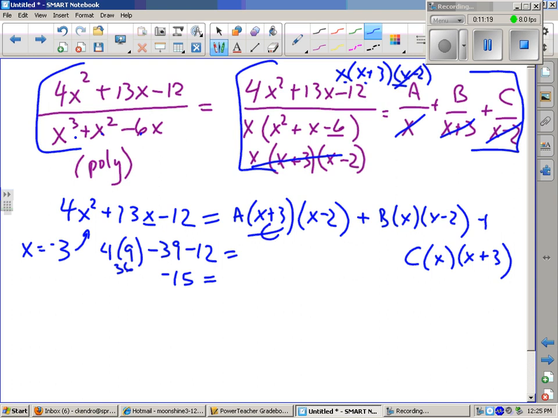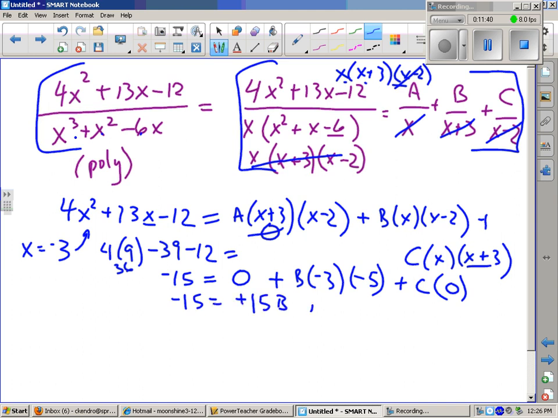Here I get 0 times that, so it's all 0. Then I have B times negative 3 times negative 5. And C will be, since this will be 0, it'll just all be 0 again. So I have negative 15 equals positive 15B. So B equals negative 1.